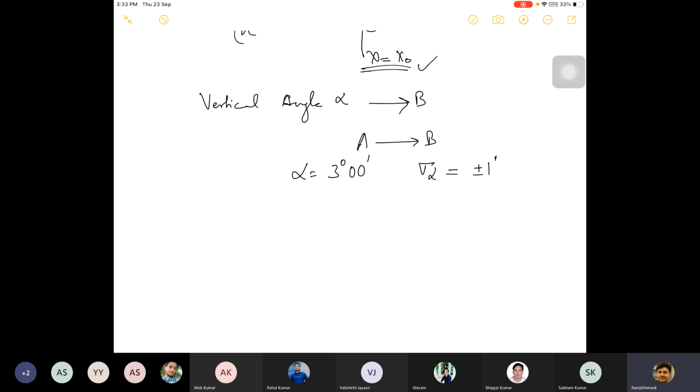Vertical angle alpha from a point A to B is measured as 3 degree with sigma alpha as plus minus 1 minute. The slope distance D from A to B is observed as 1000 feet with sigma D as plus minus 0.05 feet.